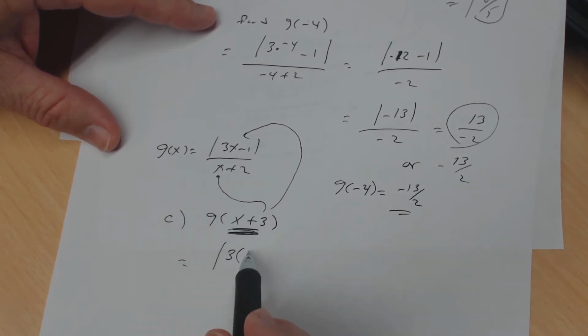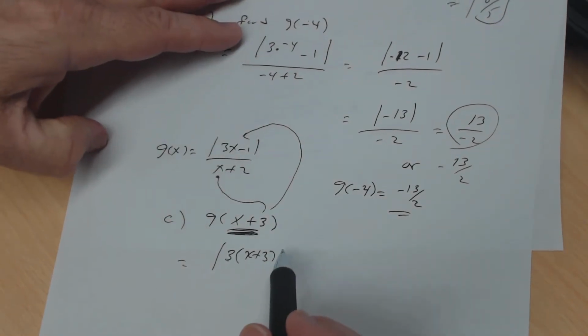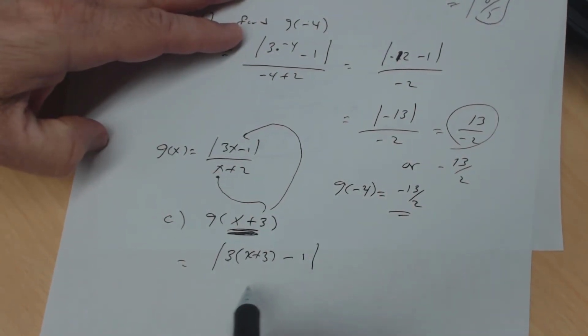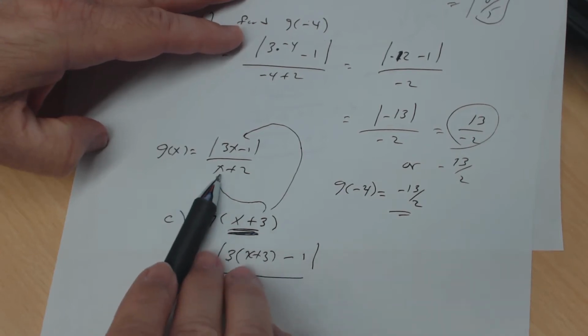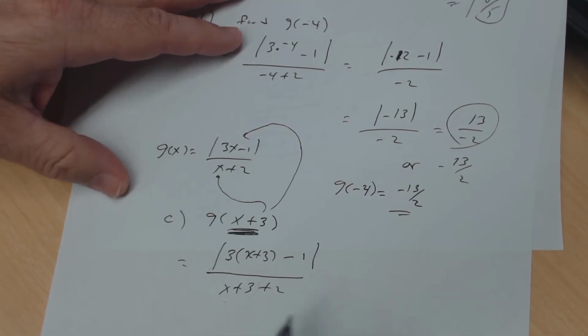So it's 3 times x plus 3, minus 1, absolute value, divided by x becomes x plus 3, plus 2.